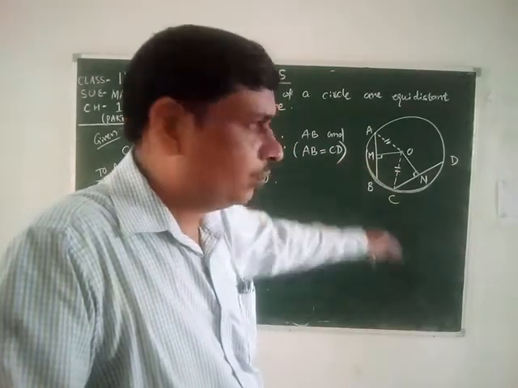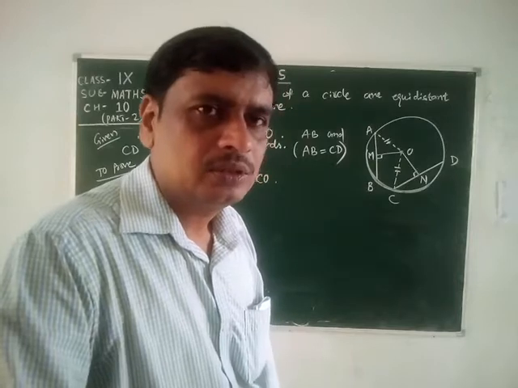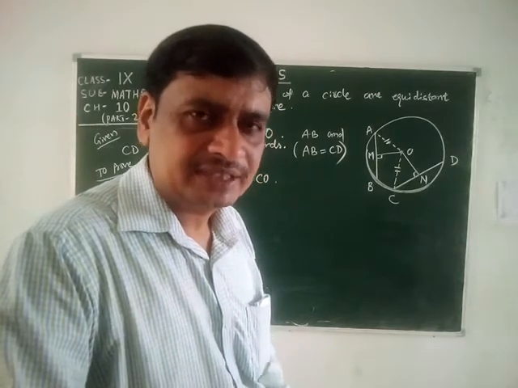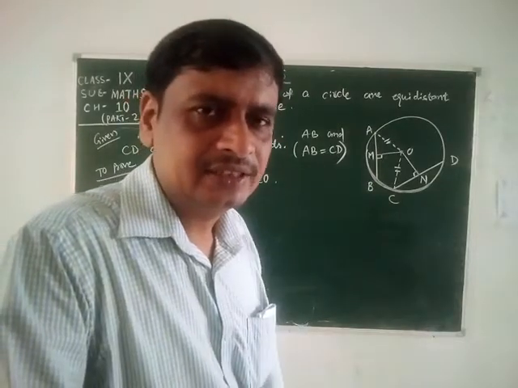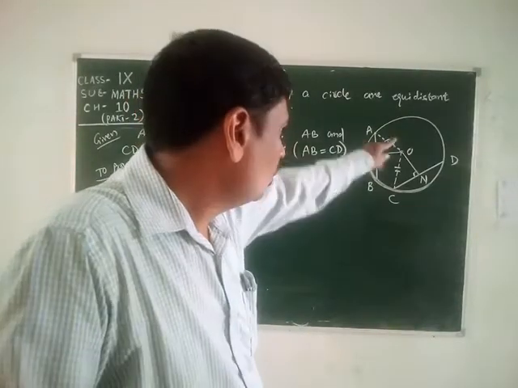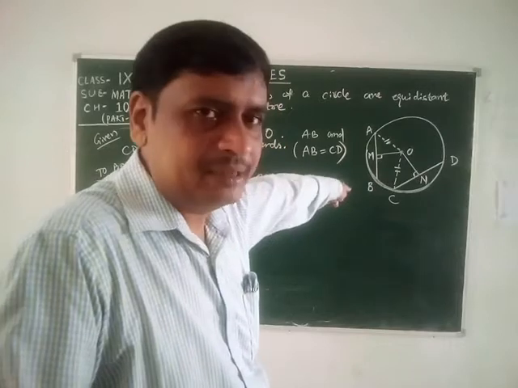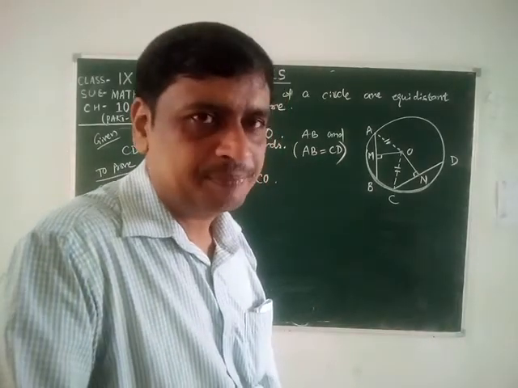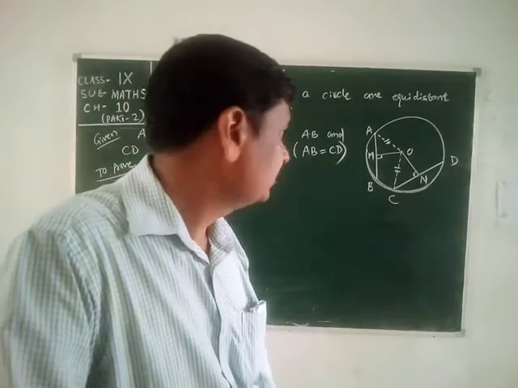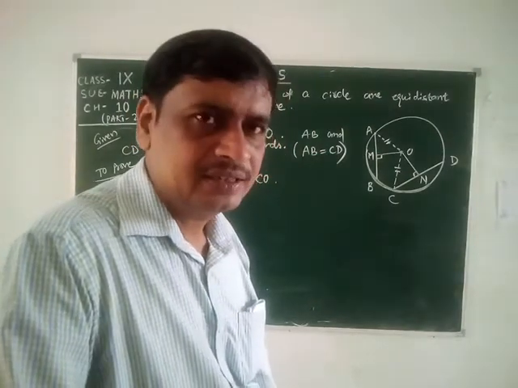OM and ON are drawn from the center of the circle on the chords AB and CD. This OM is drawn perpendicular on AB, so AB will be bisected by OM. M is the midpoint of AB.